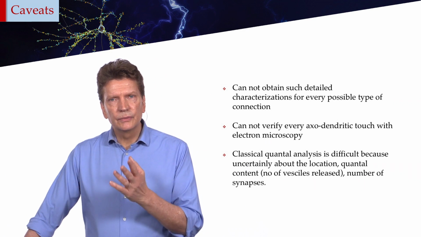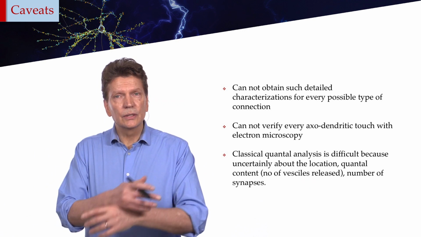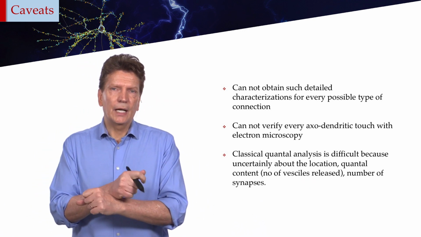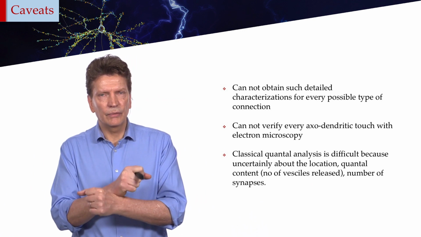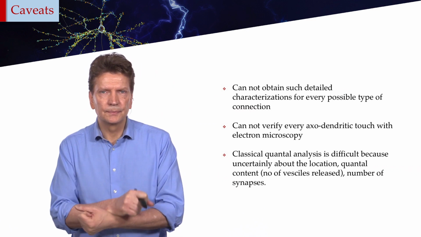You also cannot verify easily that when an axon touches a dendrite, it is a real synapse, and you can't always do electron microscopy. So you do have to have data that tells you what your confidence is that this is a synapse.